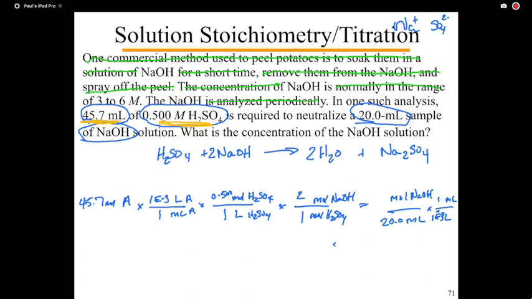And I would come up with 2.29 molar sodium hydroxide.